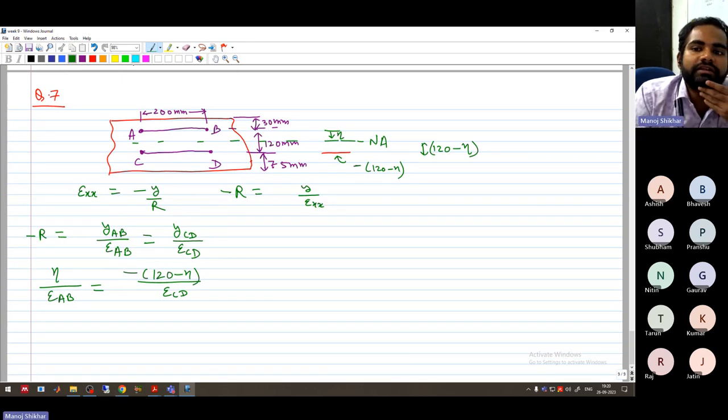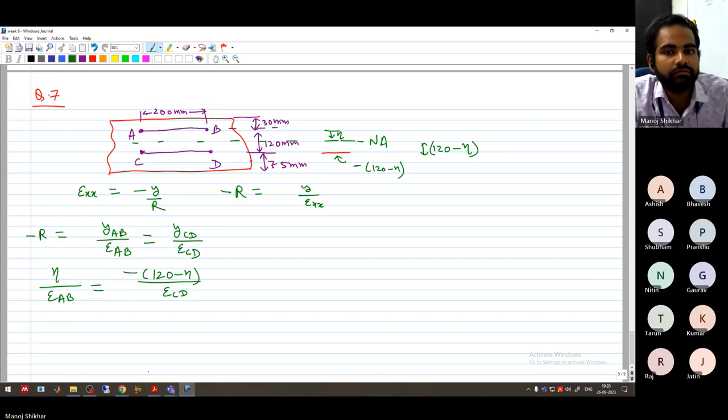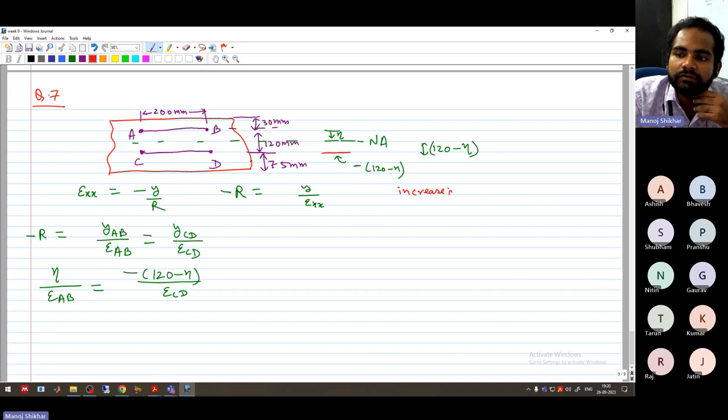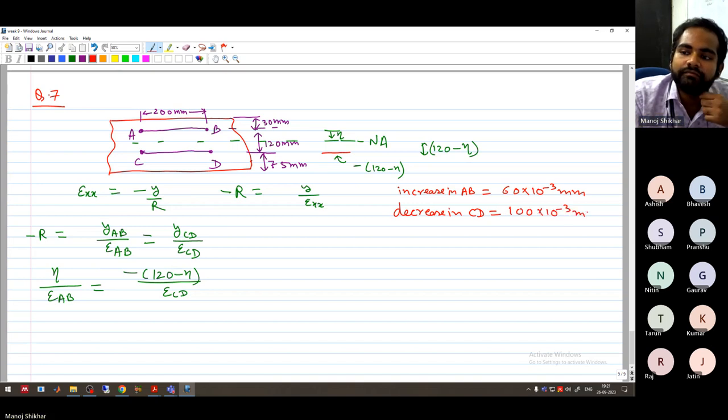And how do we calculate epsilon AB? They have given us in the question that the increase in AB equals 60 into 10 power minus 3 mm, and the decrease in CD equals 100 into 10 power minus 3 mm. And the gauge length, meaning the initial length, was 200 mm.